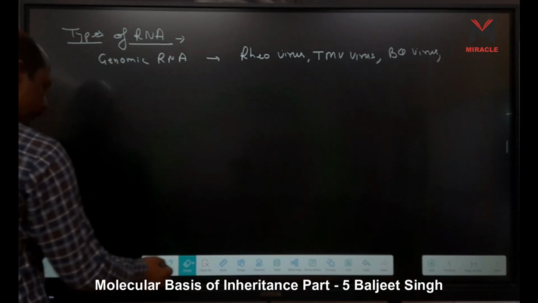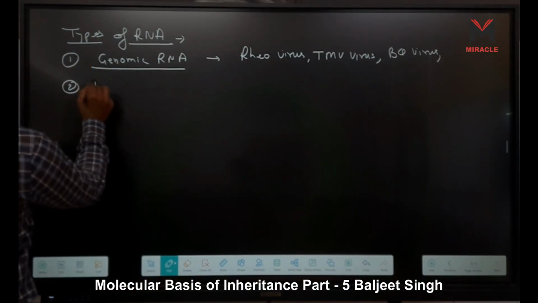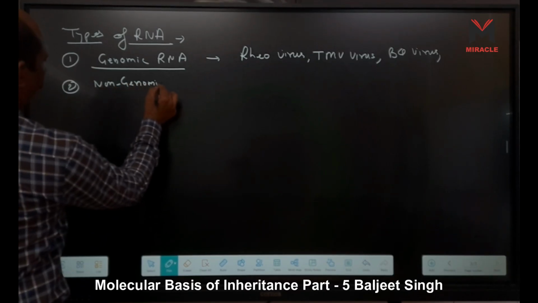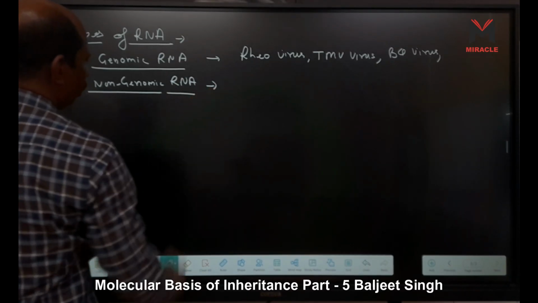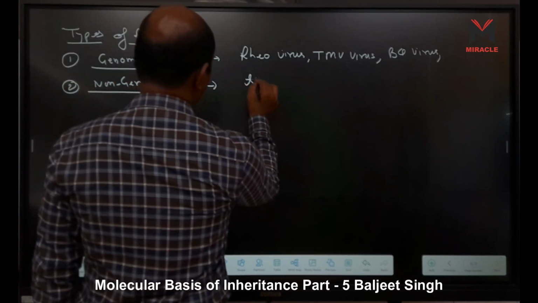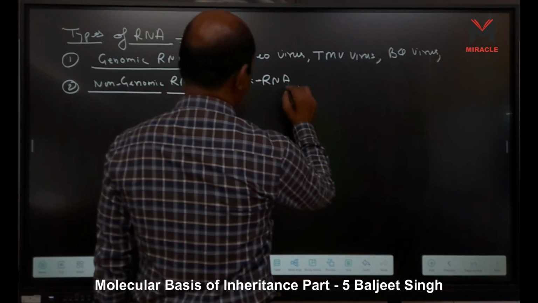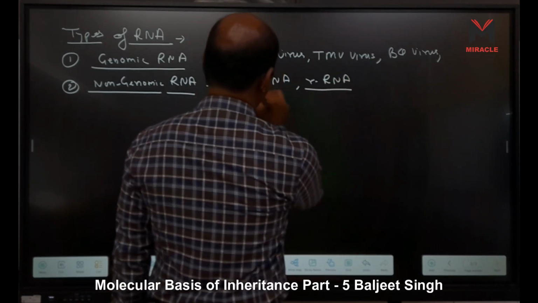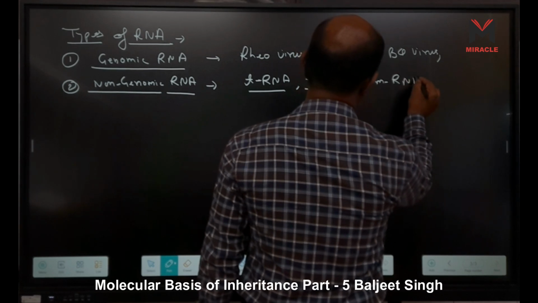Second is non-genomic. Non-genomic means what? It is our transfer RNA. The second one is our ribosomal RNA, and the third is our messenger RNA.